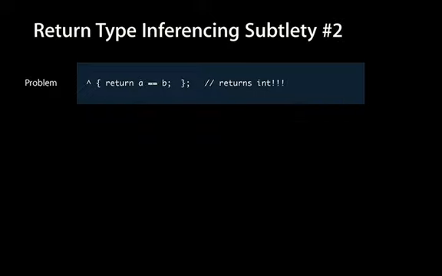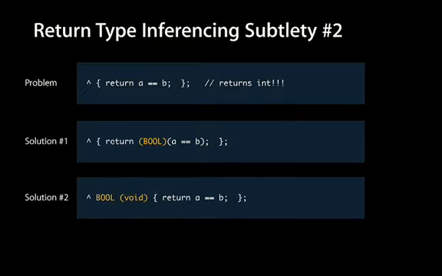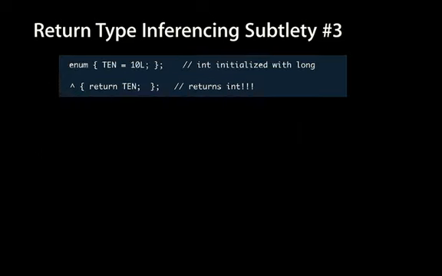A equal B is not a bool. It's not a bool by the B, capital B, double O, L, Cocoa convention, or a bool as in lowercase. It's just an int. So if you want a bool back, you have to cast it or, again, redeclare. There is a subtlety number 3.